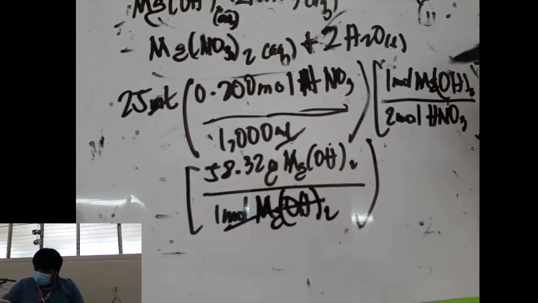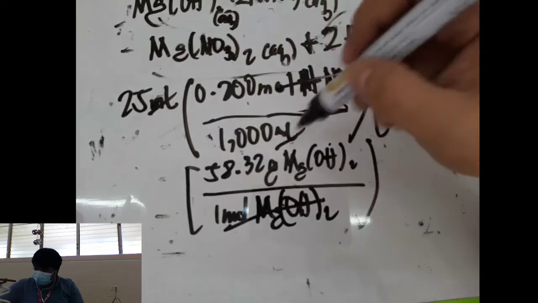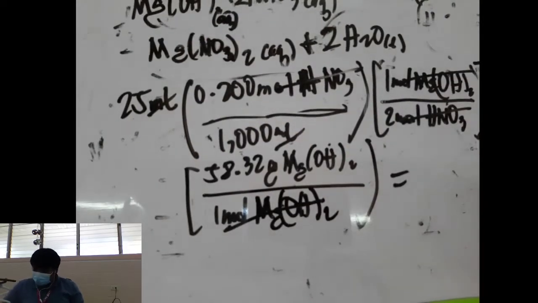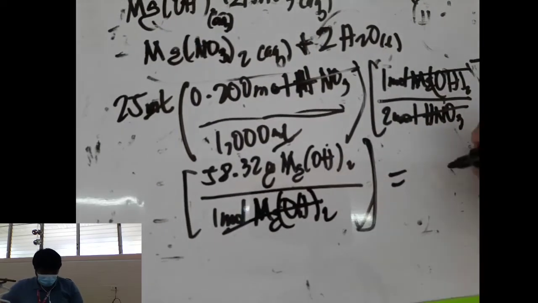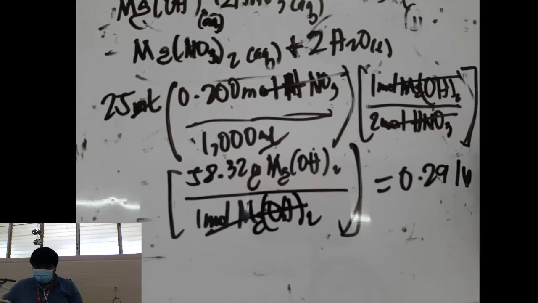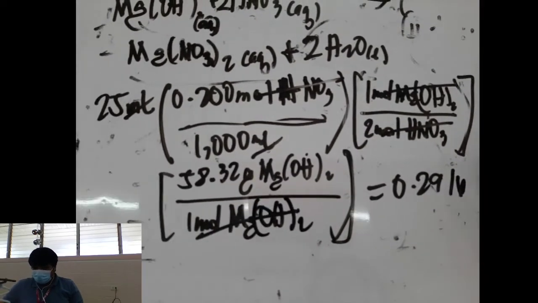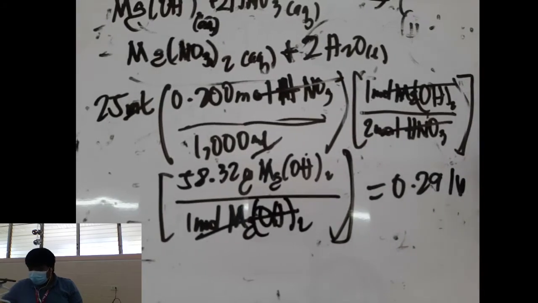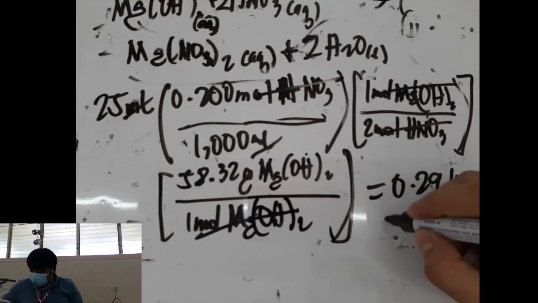Cancel all the necessary units, and what you get is 0.2916 grams of magnesium hydroxide.